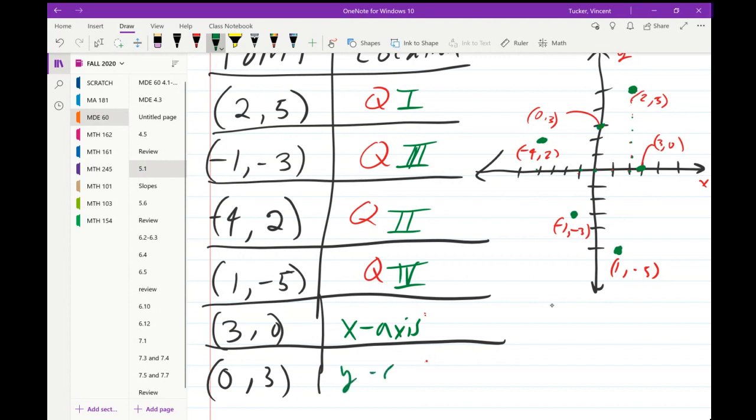And that allows my point to stay on the y-axis. All right, questions?